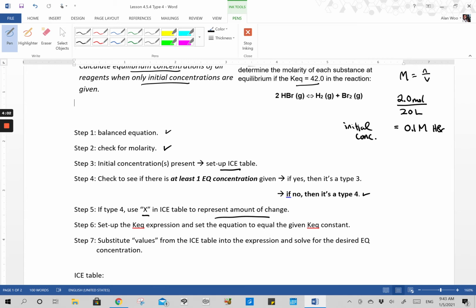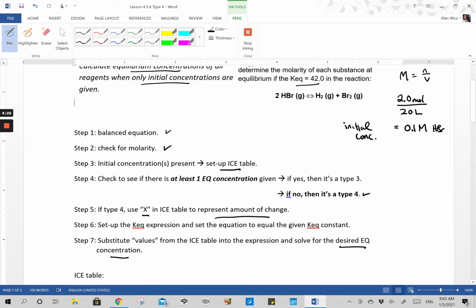You're going to use an equilibrium expression, substitute, and then solve for your desired goal. In this case, we want to figure out what our equilibrium concentrations are. That is your desired goal at the end.